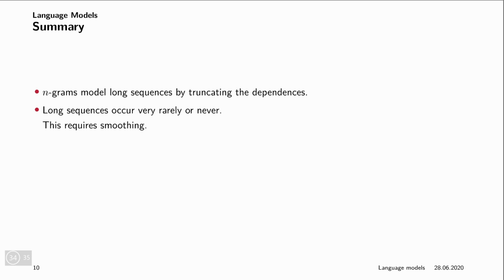N-grams model long sequences by truncating the dependencies because they make a Markov assumption of a certain order. We observed that long sequences occur very rarely or never, which requires smoothing if we work with word counts. However, if we actually look at the empirical distributions, then we see that words and n-grams usually follow Zipf's law in language, which means that there is this straight or linear decay on a log-log plot.